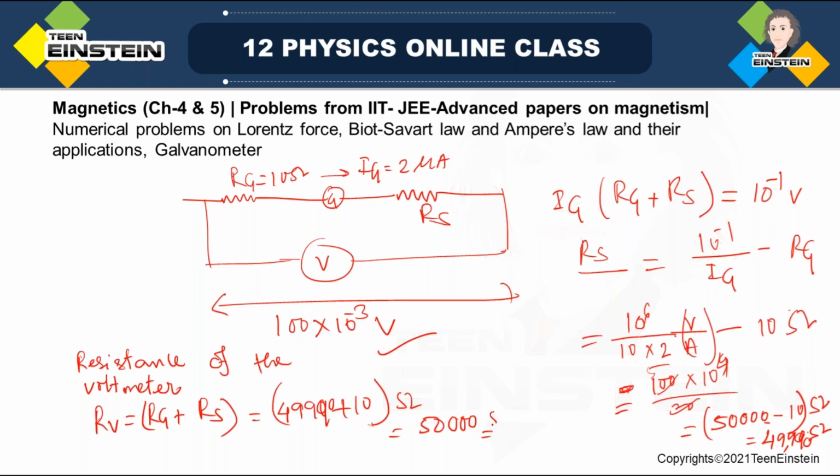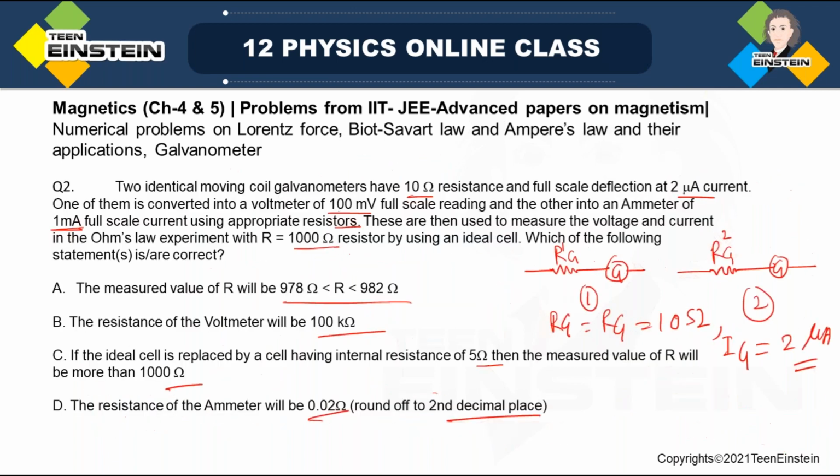That means it is 50 kilo ohm. So the option in the question says the resistance of the voltmeter is 100 kilo ohm, which is not true. It is actually 50 kilo ohm. Therefore this option is not correct.